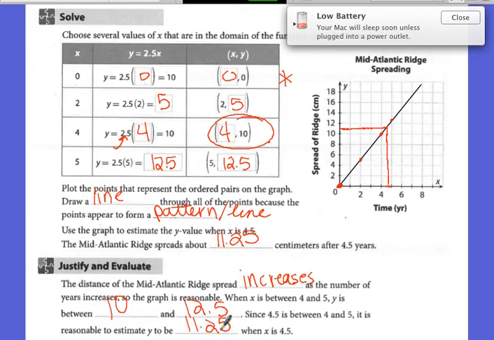Okay, so again, since 4.5 is halfway between 4 and 5, you want to think about what's halfway between 10 and 12 and a half. All right? So again, we're using a little bit more reasoning in this as well.